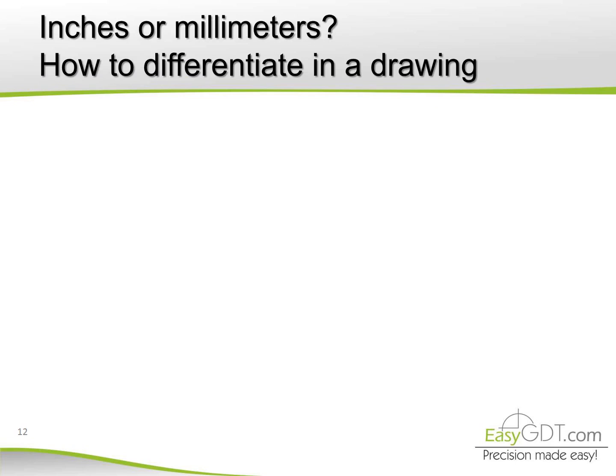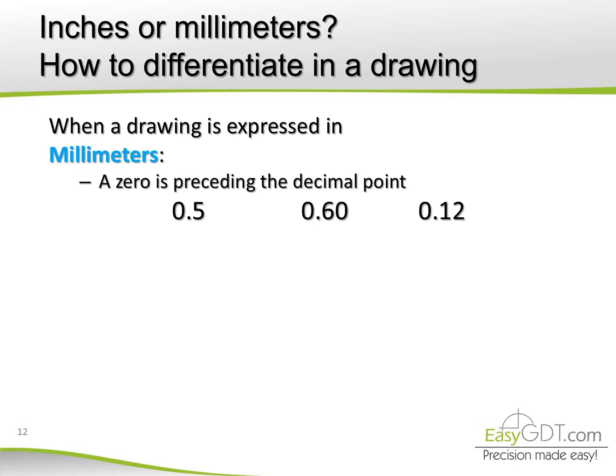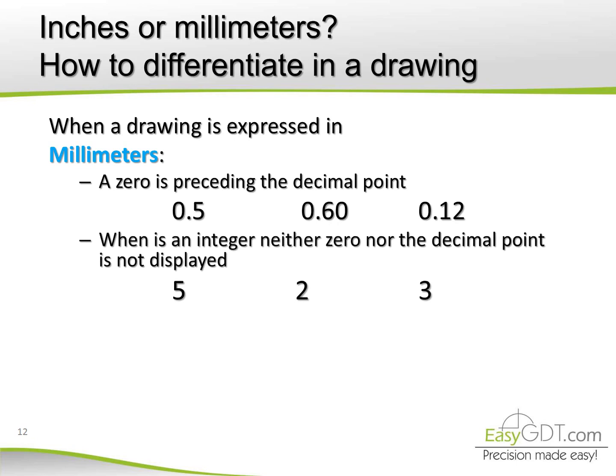Now let's see a couple of things that differentiate a drawing dimensioned in inches from millimeters. When a drawing is expressed in millimeters, if the distance is less than 1 millimeter, a 0 is placed before the decimal point. And when it is an integer, neither 0 nor the decimal point is displayed.